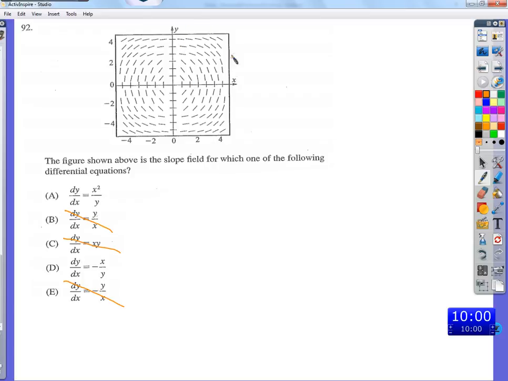What kind of slopes are all these? Negative. And these ones? Positive. So notice that when x is positive and y is positive, our slopes are negative. Right? Is that going to happen here? x is positive, y is positive, we get negative slopes? No. It's going to be negative.